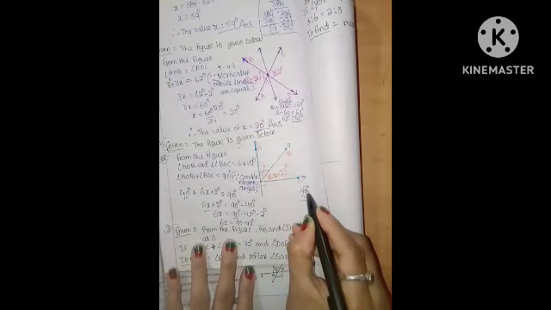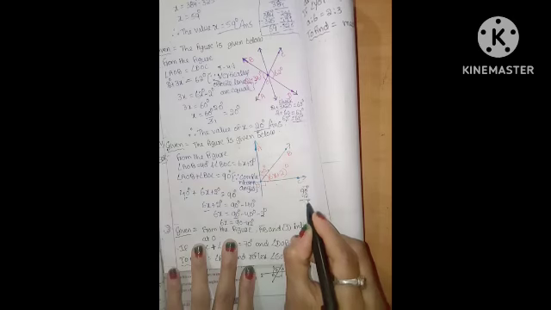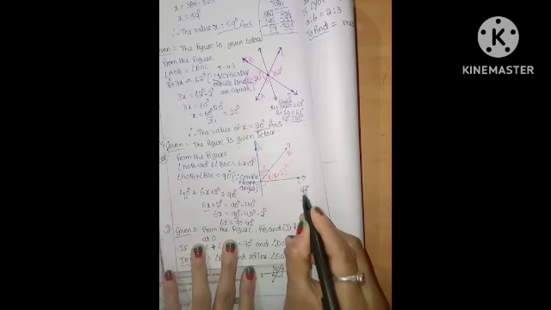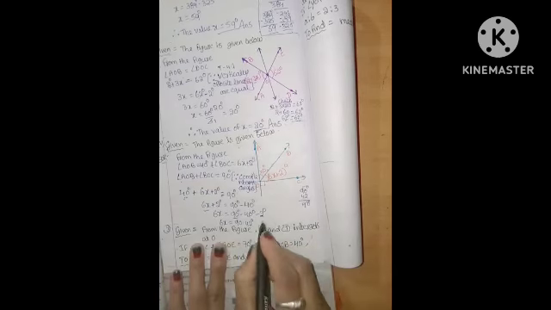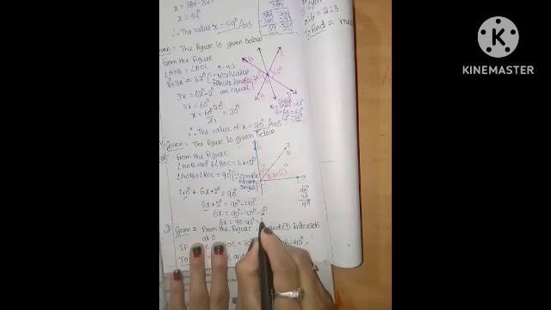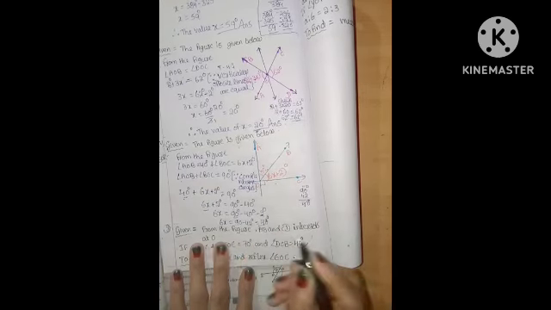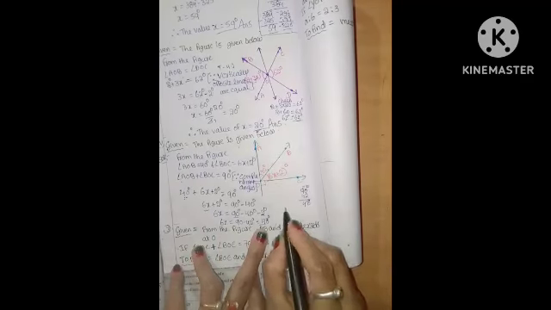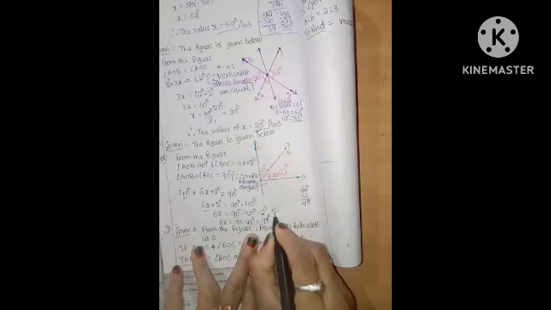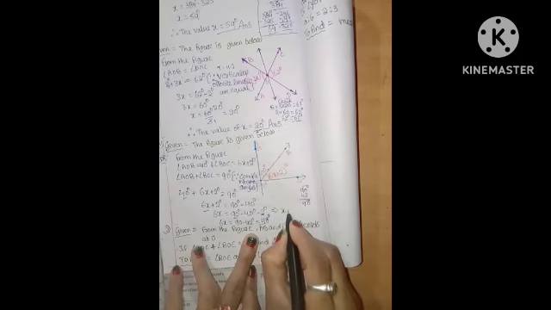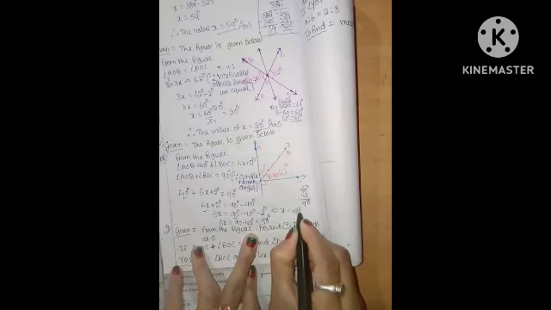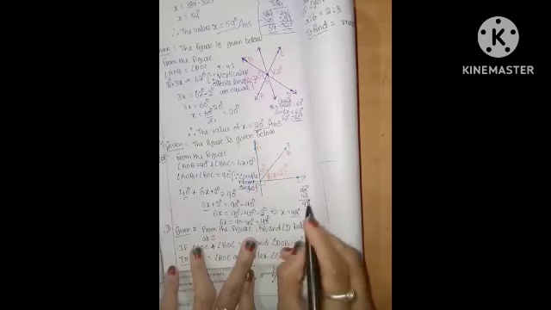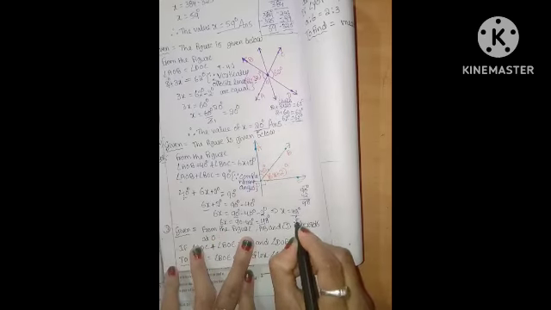Borrowing gives 10 here. 10 minus 2 is nothing but 8. The borrow is over, so the left digit is 8. 8 minus 4 is 4. Subtracting these two terms, how much value did we get? Gagan Sai, 48 degrees, we got it. So 6x equals 48 degrees. We want the x value. X is equal to 48 degrees, before the equal multiplication by 6, after the equal it becomes division by 6.